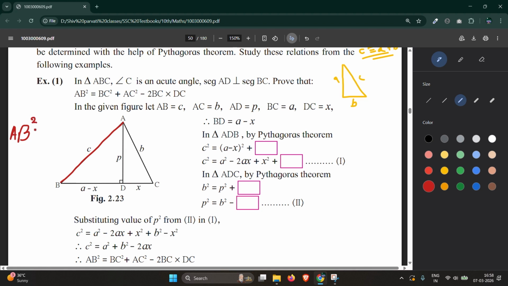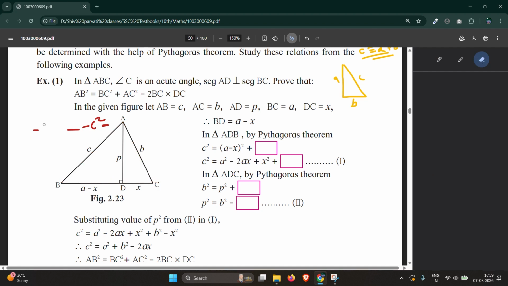AB squared will be equal to the other side, the bottom base BC squared, plus the other side AC squared. This would have been true if we had stopped over here and this was a 90-degree triangle, but since this is not, we will subtract 2 times BC into DC. And what is DC? DC is just the height of this triangle.